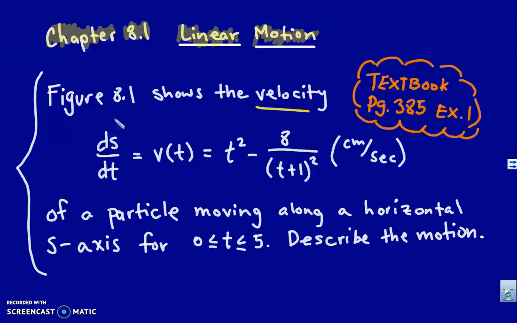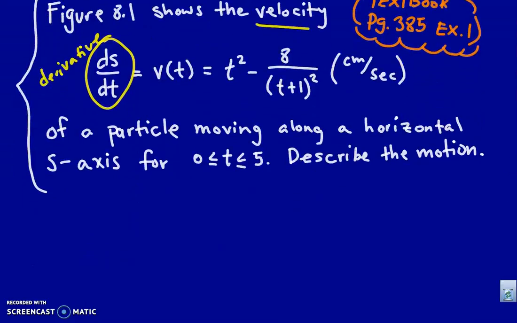So one thing that I want to point out is that we are talking about a derivative. So quick reminder that if we're given a position function, let's say y equals s(t), then we know that velocity, v(t), is the derivative of that position function, so it's s prime of t.